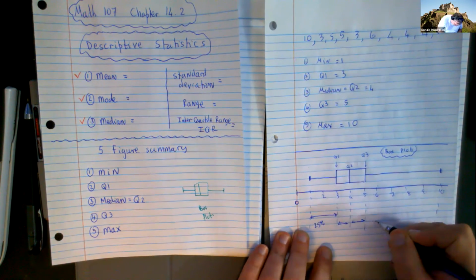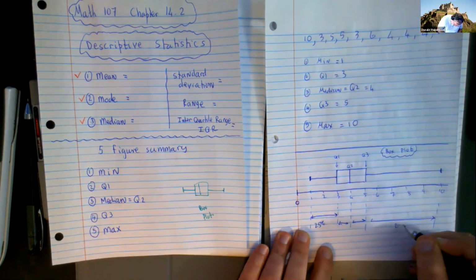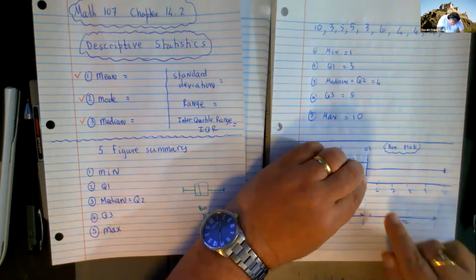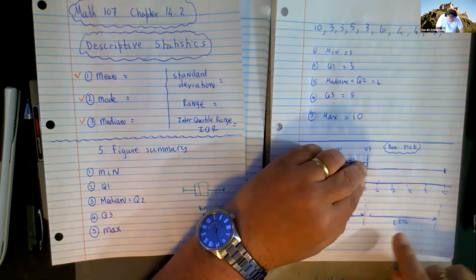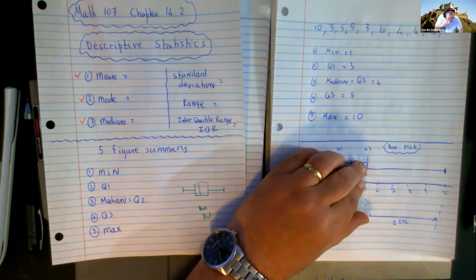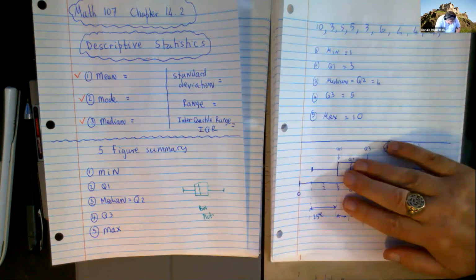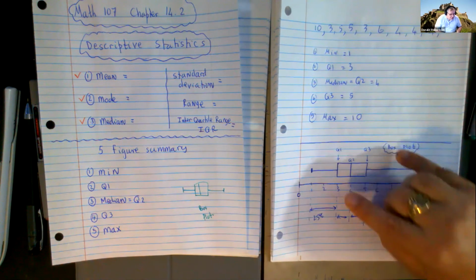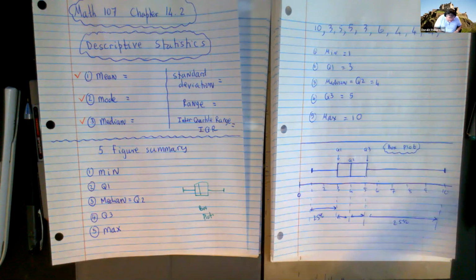And from here to here is the last quarter. So I can tell you, for instance, that between 5 and 10 children, 25% of the class has about 5 to 10 children in the family. And if you want to do the bottom 25%, between 1 and 3. So there's lots of visual pictures in that.